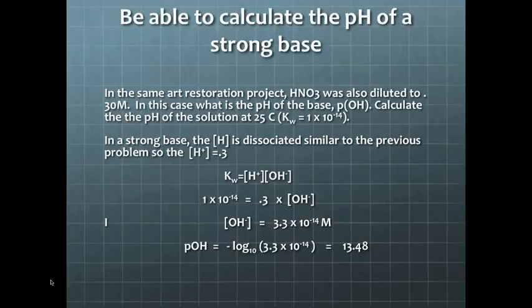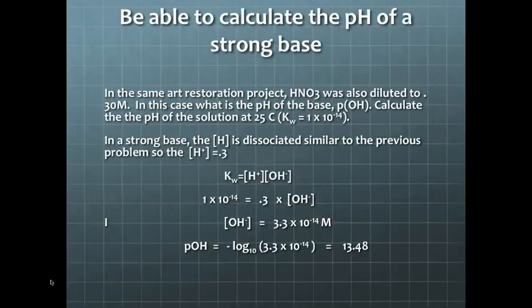What is the pH of the base? In a strong base, just as the hydrogen ion concentration is dissociated like the strong acid is dissociated, we'll use a hydrogen concentration of 0.3.